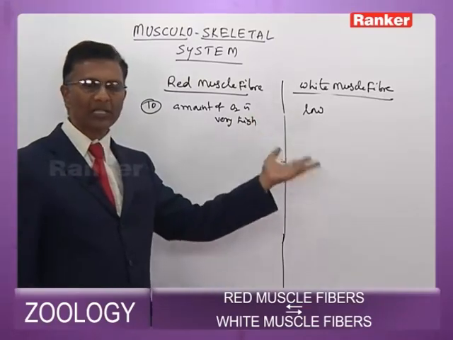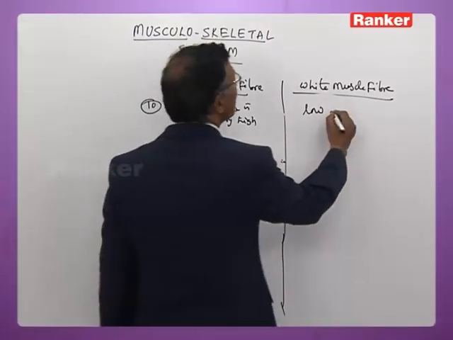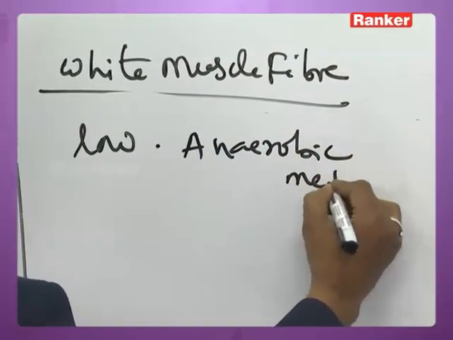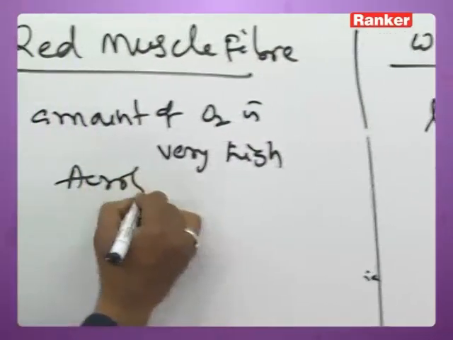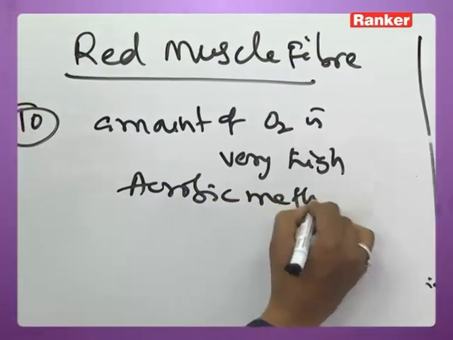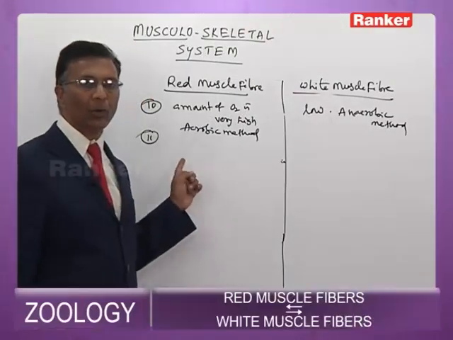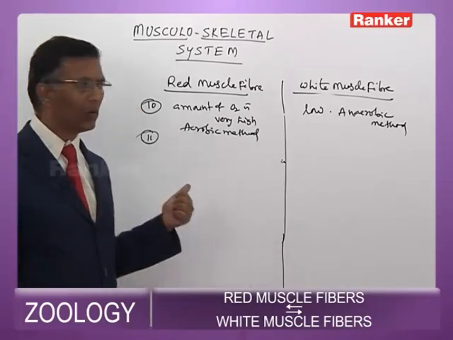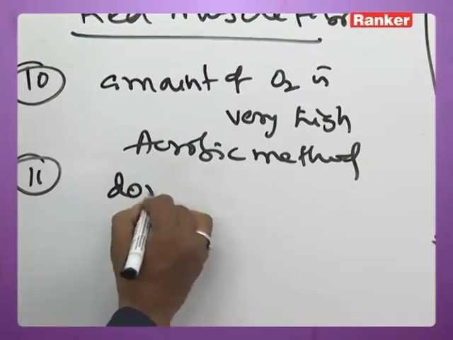Because of the lack of oxygen, white fibers synthesize ATP by the anaerobic method. Since the contractions are very slow, and they have abundance of oxygen and glucose, red muscle fibers do not undergo fatigue.